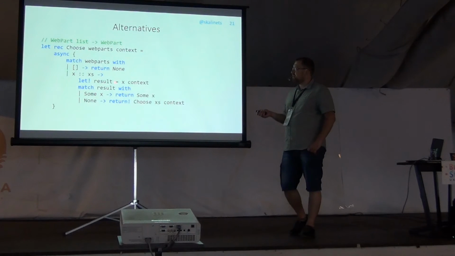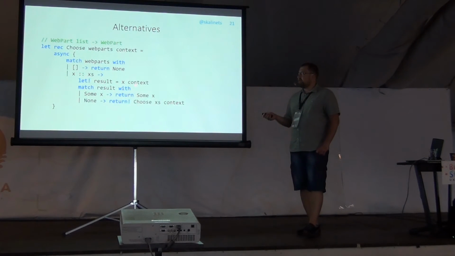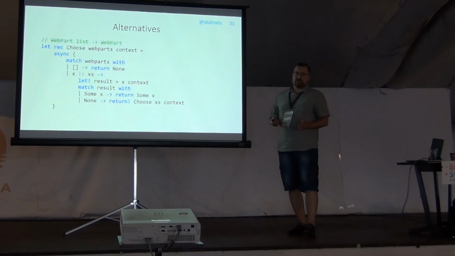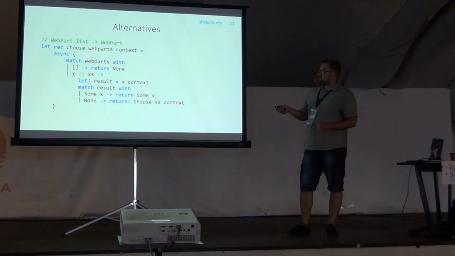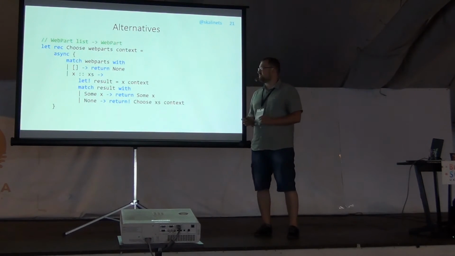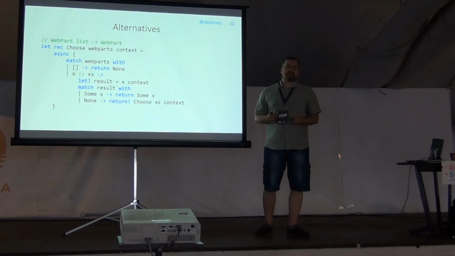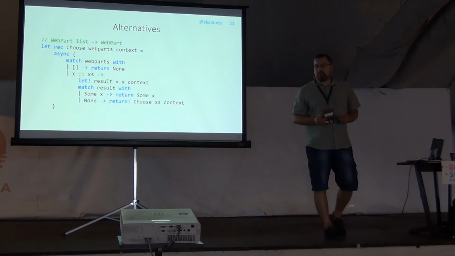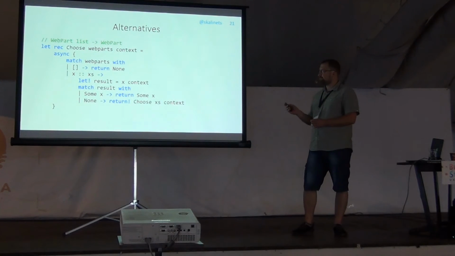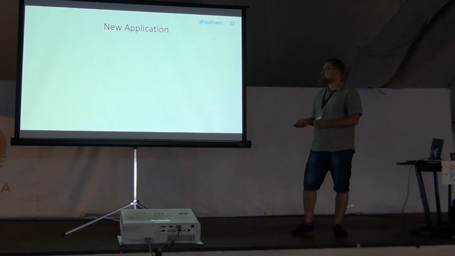And we are taking this first element, we try it against our context, and if it contains something, we return this value. Otherwise, we are calling the same choose function recursively, sending it the rest of the list. So we are doing the recursive calls on the function itself until we get some value from one of the elements, or we end up with an empty list and we return just none. So this is how it works.